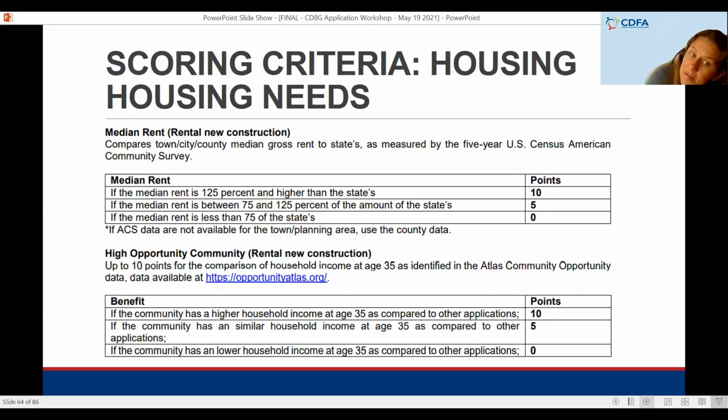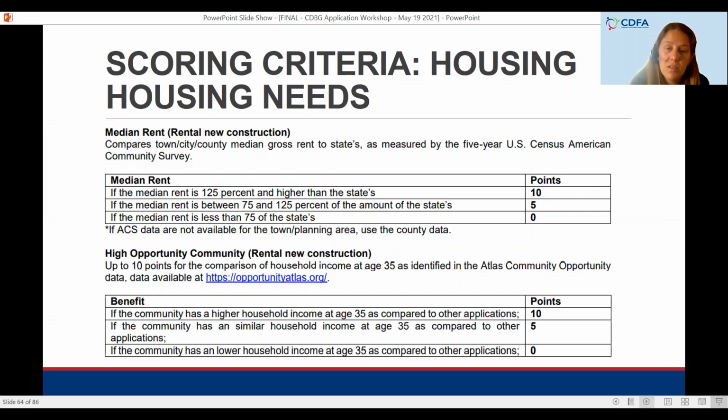And then here's where we are evaluating that high opportunity community. We're looking at information that's identified in the Atlas Community Opportunity data, and you can see where you could find that data. If the community has a higher household income at age 35 in comparison to other applicants in the round, it will receive 10 points.